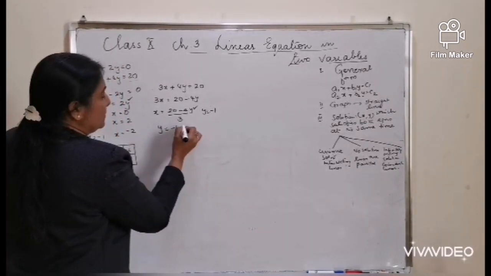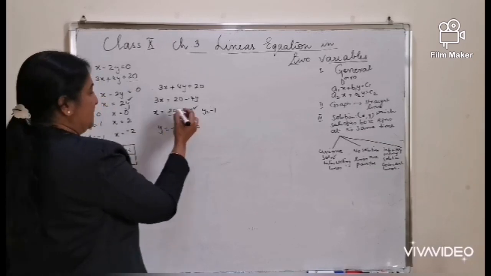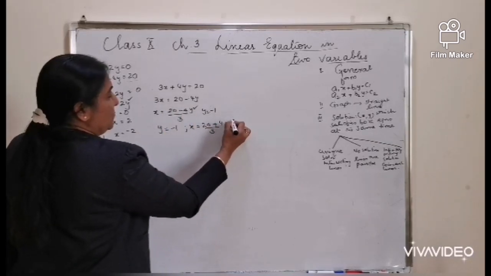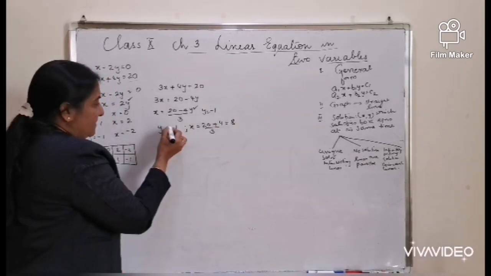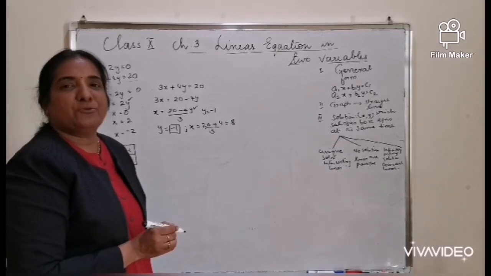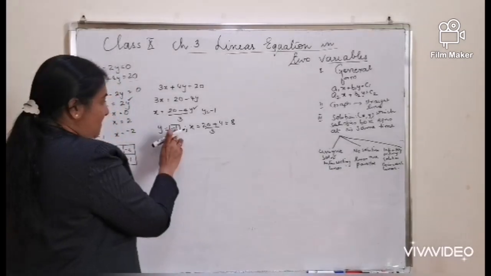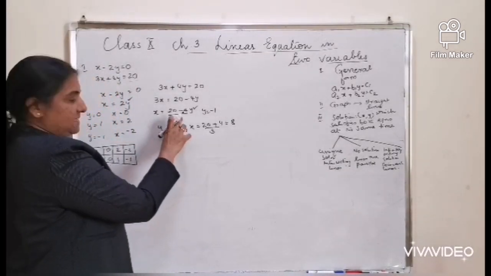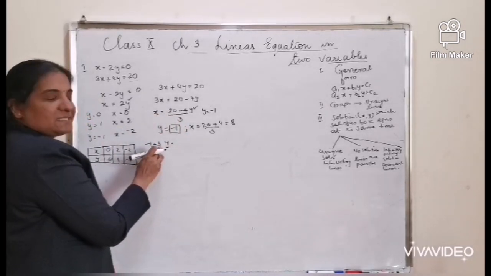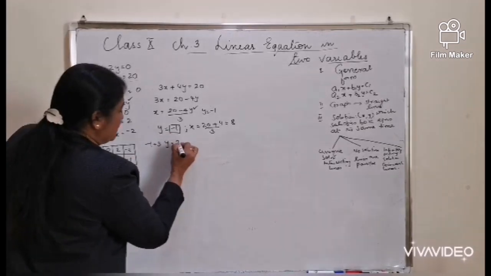If y is equal to minus 1, x is equal to 8. The next value, by an easy way, you can calculate as minus 1 plus 3, which is positive 2.